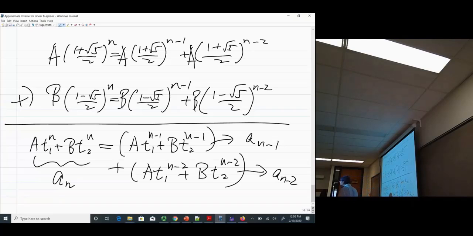Can we choose appropriate A and B to make it satisfy the initial condition? We have an initial condition to be satisfied. Because we have freedom to choose A and B, we can choose appropriate A and B to make the initial condition satisfied. Then we solve it.